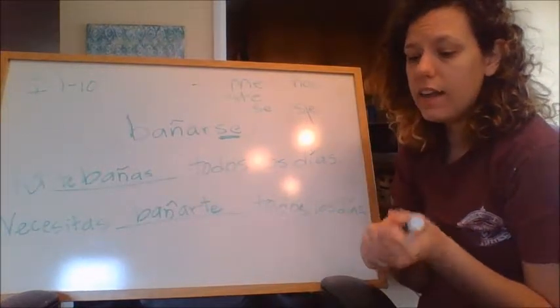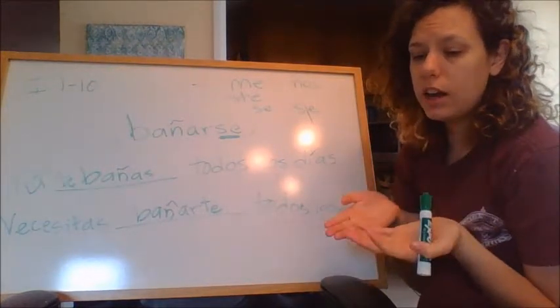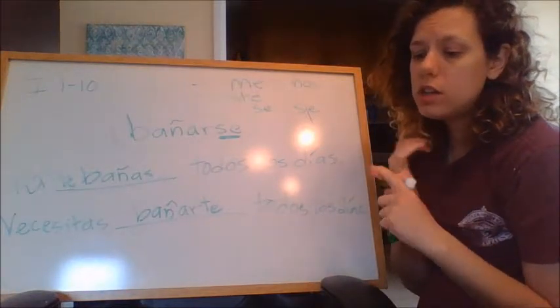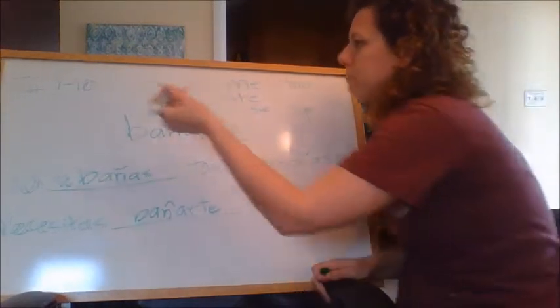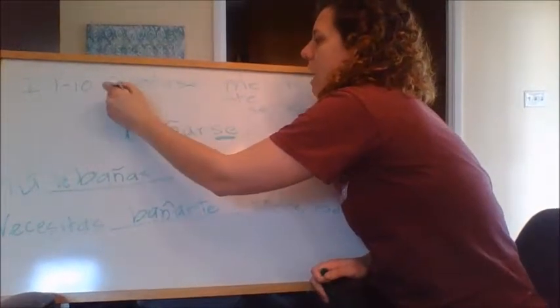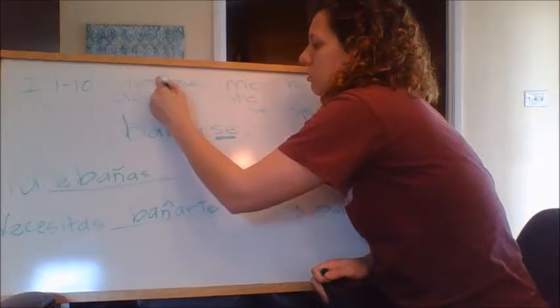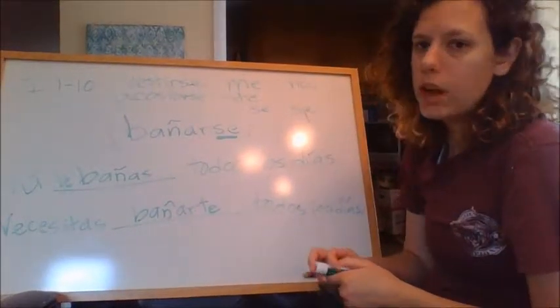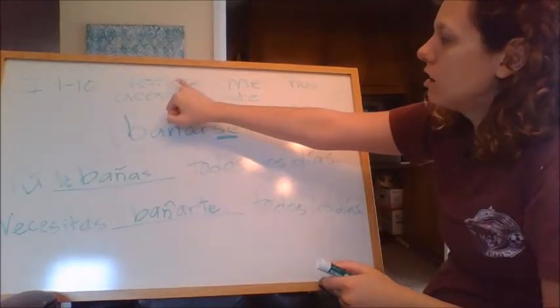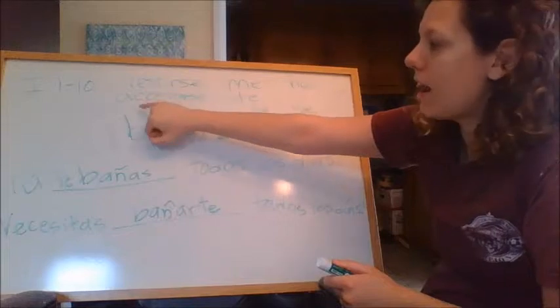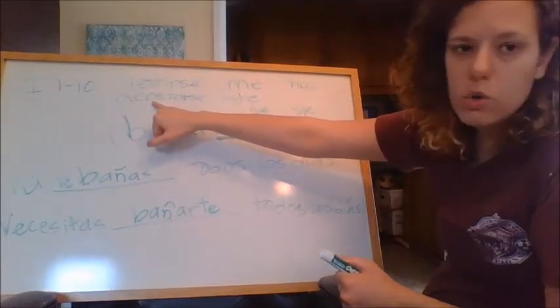So that's 1 through 10. It's going to be all the different reflexive verbs that you know. Now, just a heads up, vestirse and acostarse are both stem changing verbs. Vestir is an E to I verb, and acostarse is an O to UE verb.